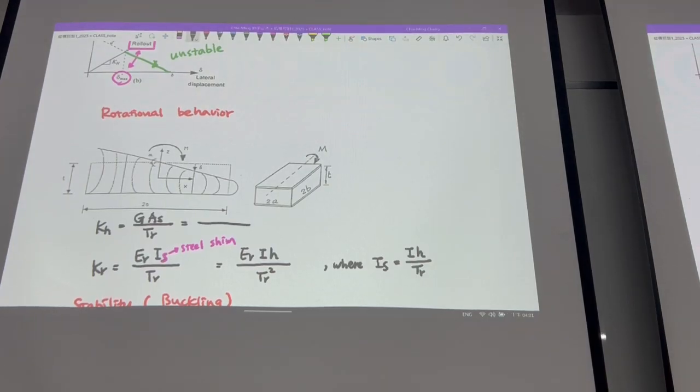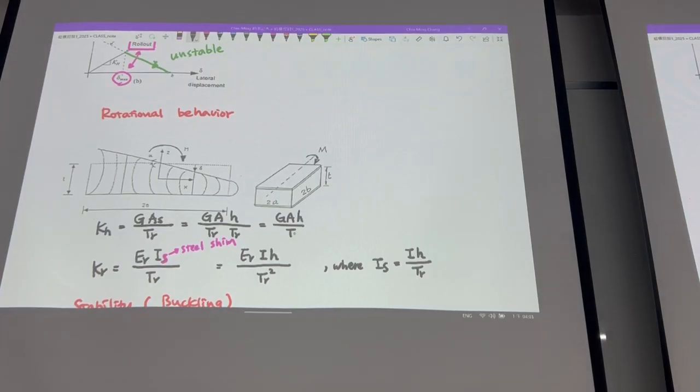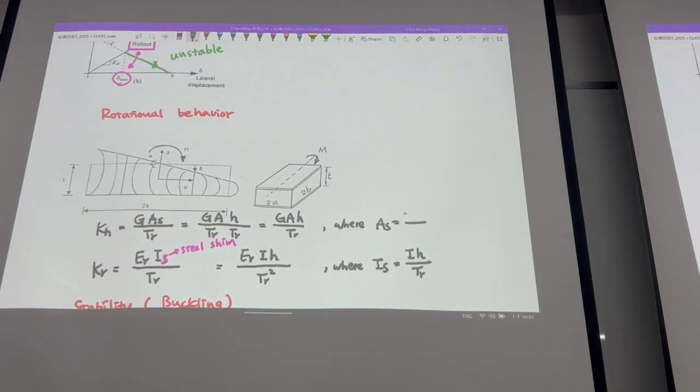That should be equal to using the original area times VR. So the AS is equal to A divided by TR.